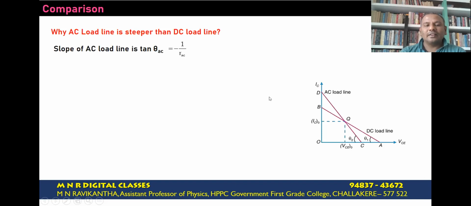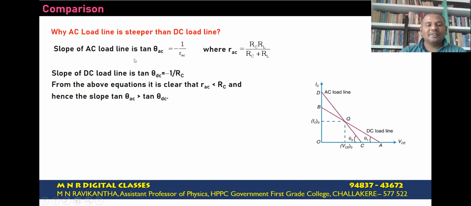Now to understand that, let us take the slope of the 2 graphs. The slope of the AC load line, let us take this as tan theta AC. We know that it is equal to -1 divided by RAC, where RAC is RC into RL divided by RC plus RL. Similarly, for the DC load line, the slope tan theta DC is equal to -1 by RC.